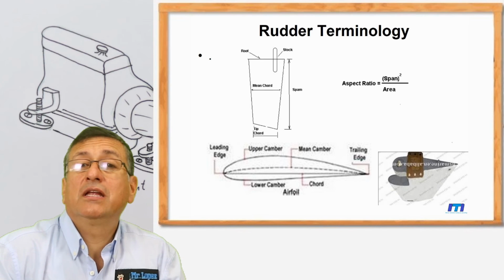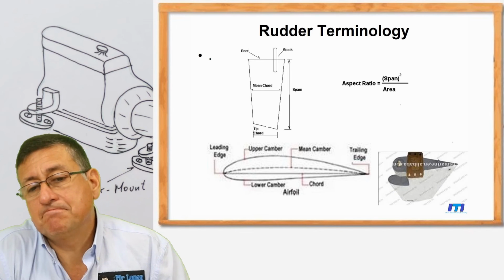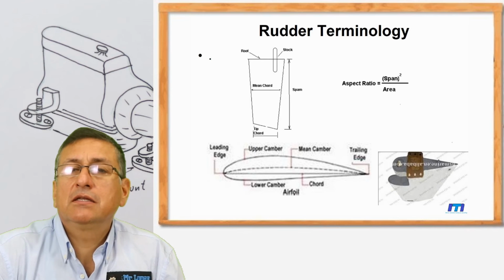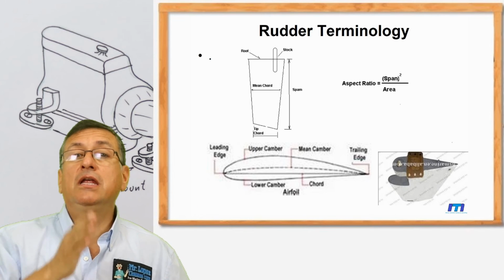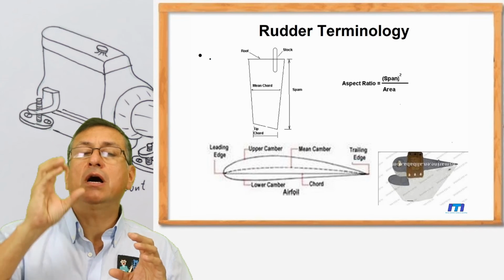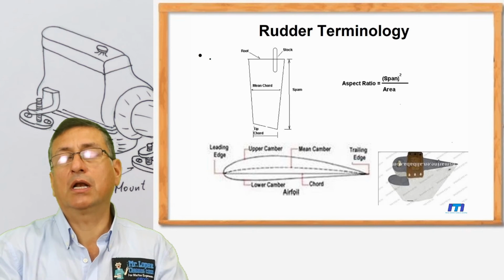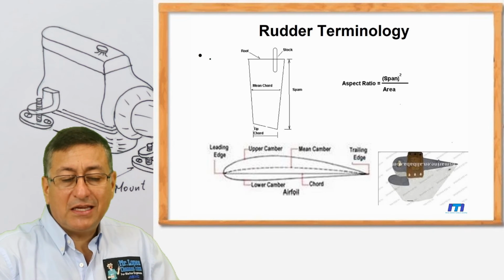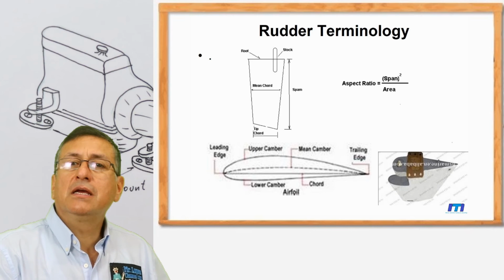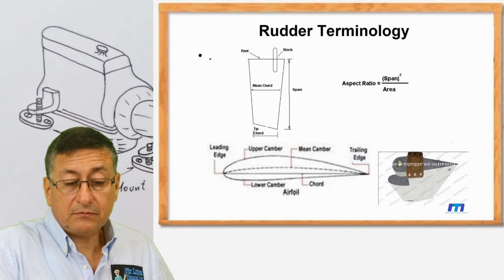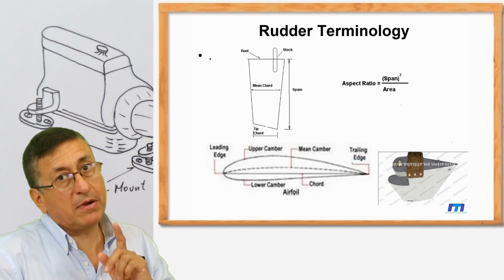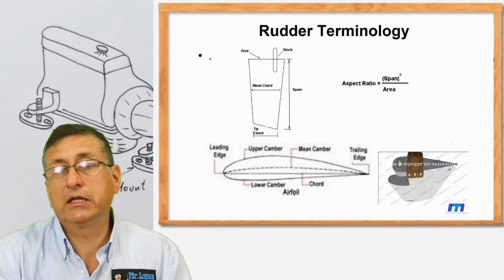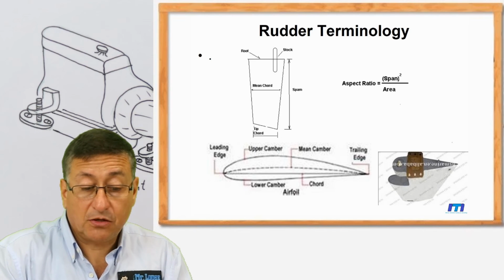It's difficult to calculate the total area of the rudder. No, you can divide it, the total area, into triangles and rectangles, and you add those areas in order to calculate the total area. Don't forget, the aspect ratio is the span squared divided by the area. This is the magic formula in order to calculate the aspect ratio.